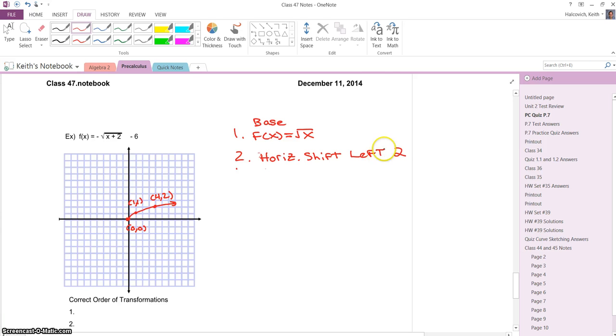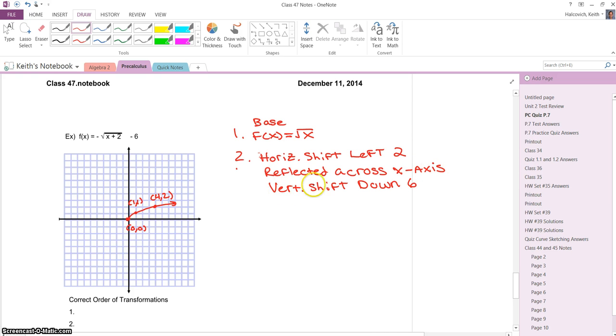Then we're going to do the reflection next. So it's reflected across the x-axis because the negative sign is outside. And then we're going to do the vertical shift. That's going to come last, the vertical shift down 6.